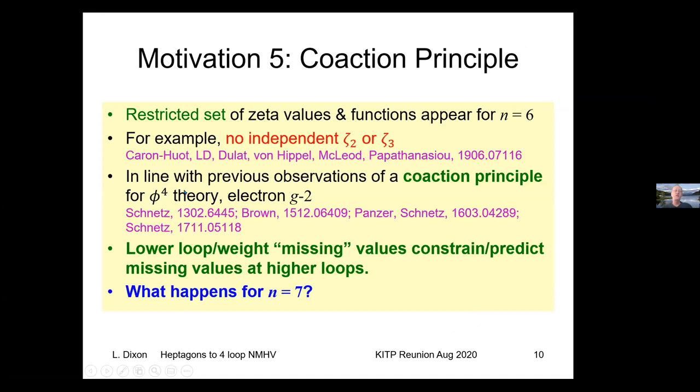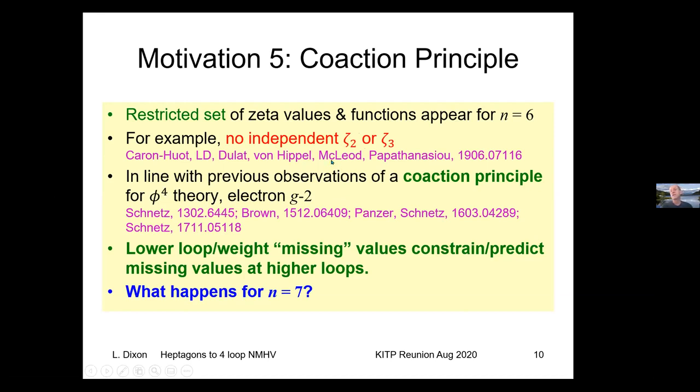This has also been explored in papers by Oliver Schnetz, Francis Brown, and Eric Panzer in other contexts, in phi-4 theory and the electron anomalous magnetic moment. In the setting of the hexagon functions, we find that zeta 2 is not an independent function.